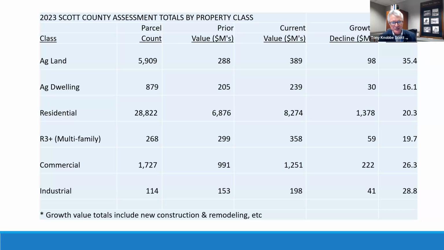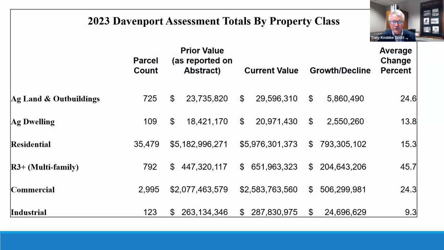The state adjusts for all of that, but you're looking at about a 20% increase in residential values for the county, and about a 15% increase for the city of Davenport. So, you know, pretty strong numbers and really indicative of what's going on throughout the state.